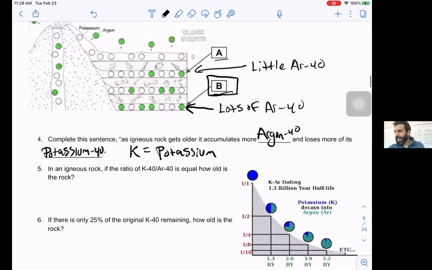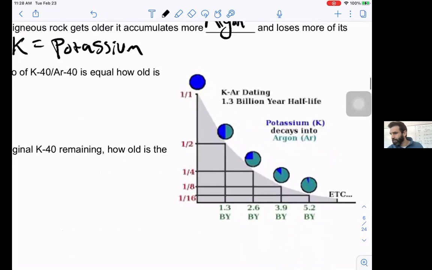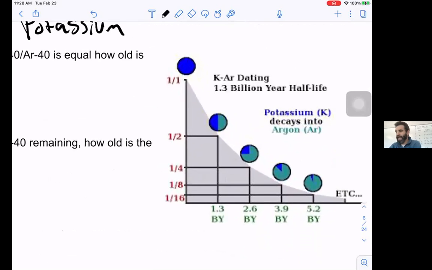So in an igneous rock, let's look, this is the same type of chart that we saw before, and this represents one half-life. After about 1.3 billion years, half of the potassium has been converted into argon.